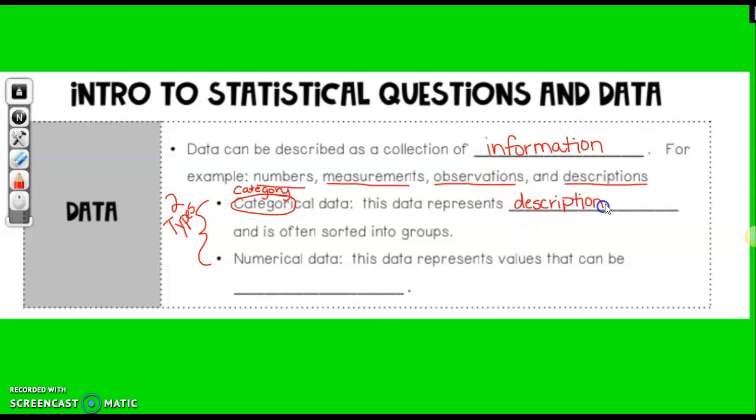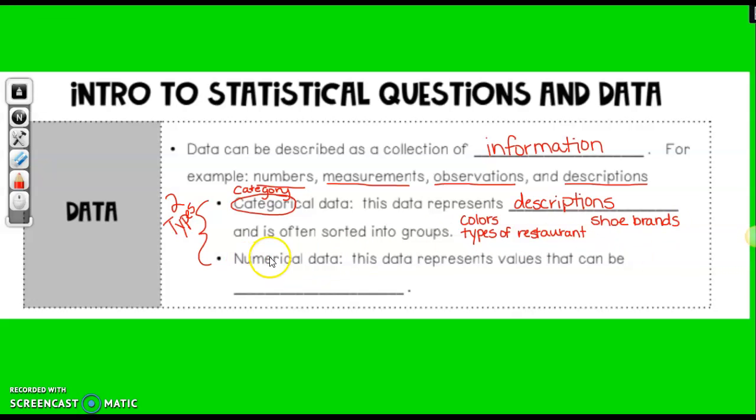And it's often sorted into groups. So things like colors or types of restaurants, maybe. And I always forget how to spell restaurant, so I'm sorry if I spelled that wrong. You could also say like shoe brands. That's a category. Okay, these are all types of categories.